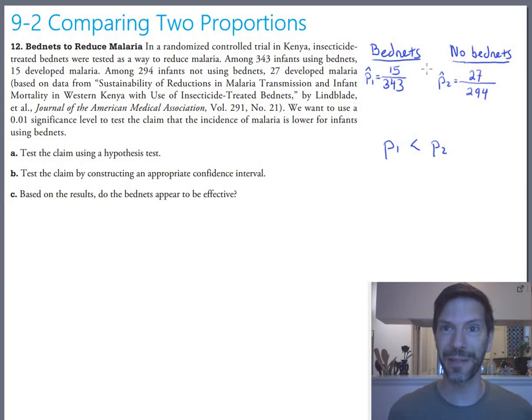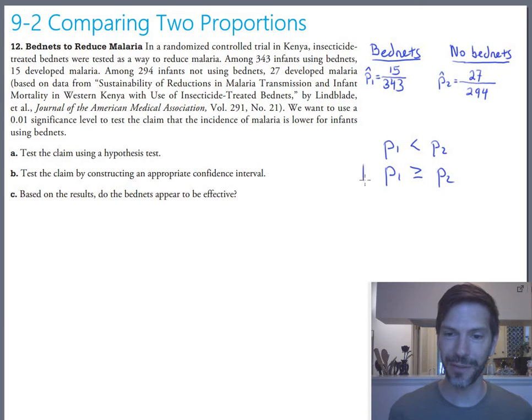So is this sample convincing that the rate really is lower for bed nets? Okay, so P1 is less than P2. The opposite claim would be P1 greater than or equal to P2. There's that or equals to, so there's the null. And there's the alternative.